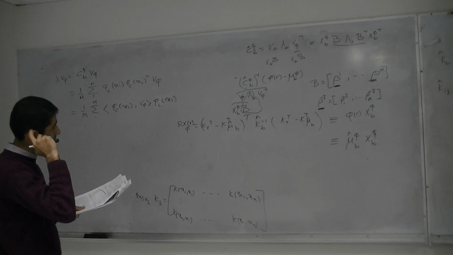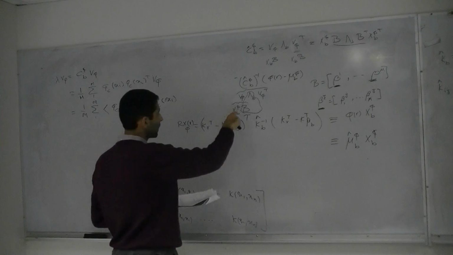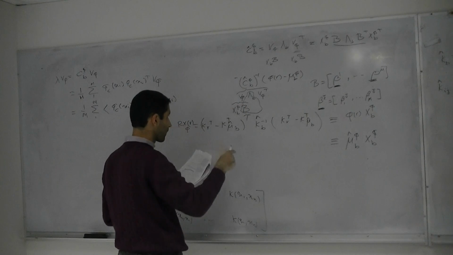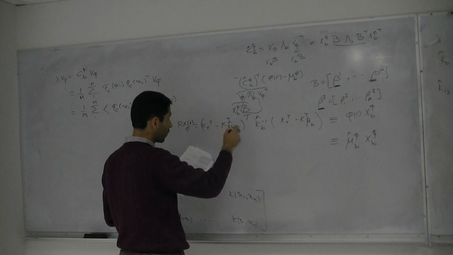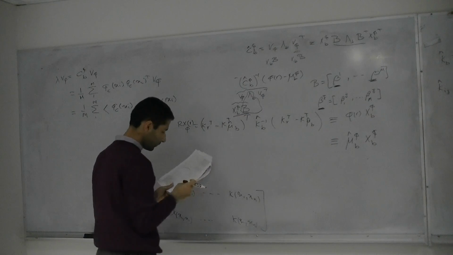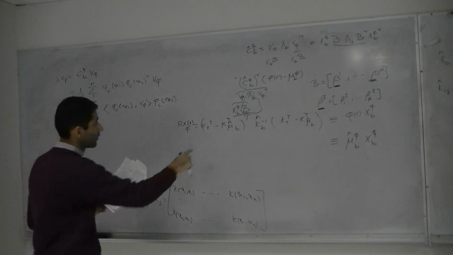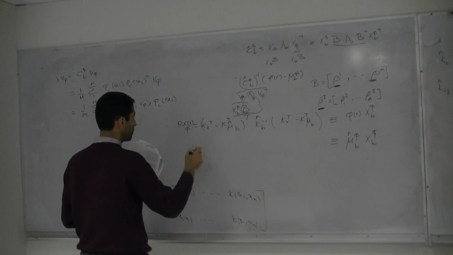For here we assume that v phi is equal to X_b to the big beta.